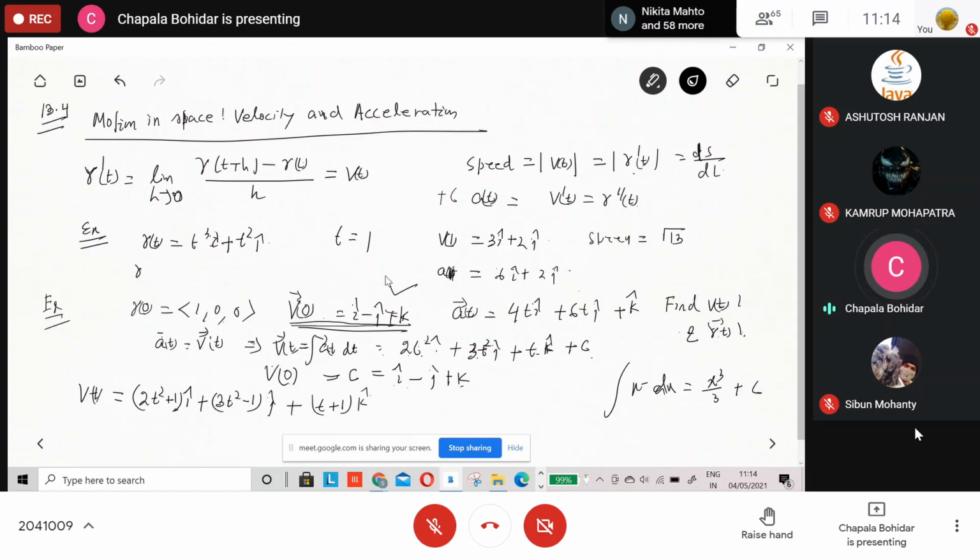By substituting the value of c, we can write it this way. We got v(t). Okay, this part is over.